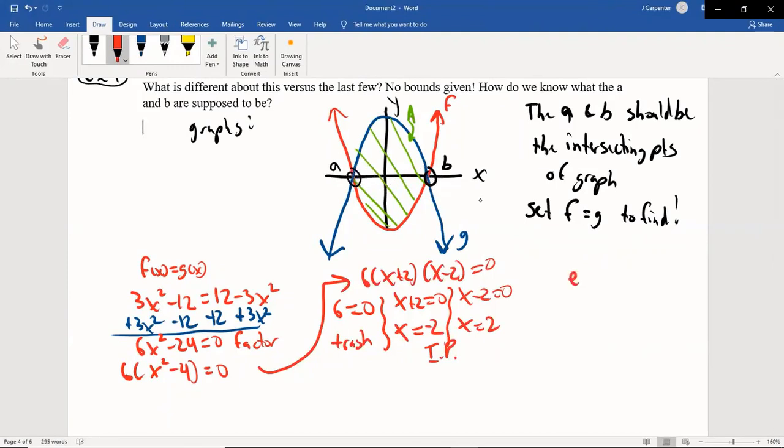So just evaluate at any x value between them to show f is bigger than g or g is bigger than f on that interval.